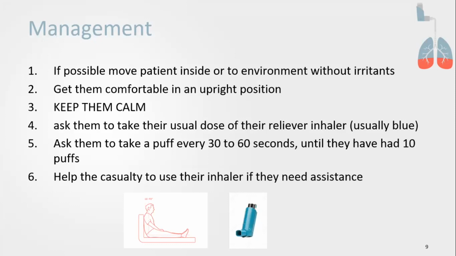You ask them to take their usual dose of their reliever inhaler, the blue one, not the brown one, and you ask them to take a puff every 30 to 60 seconds until they've had 10 puffs. If they're having difficulty taking the inhaler or they've got the wrong technique, now you know the right technique, so you can assist them while they're taking it so they can take it effectively.